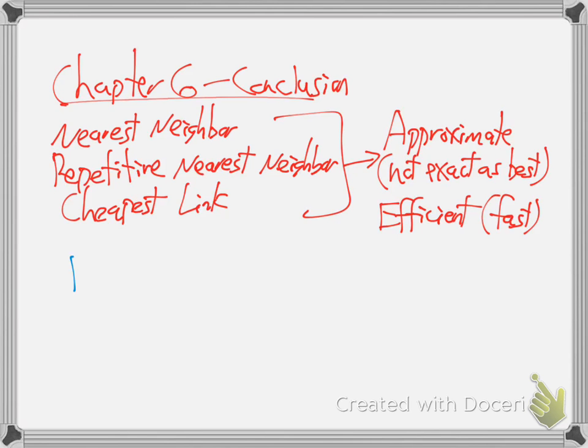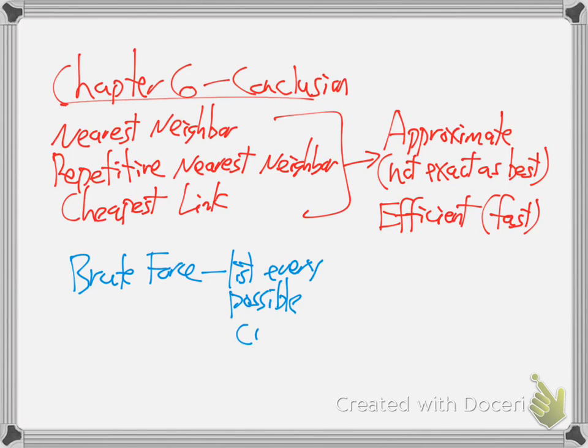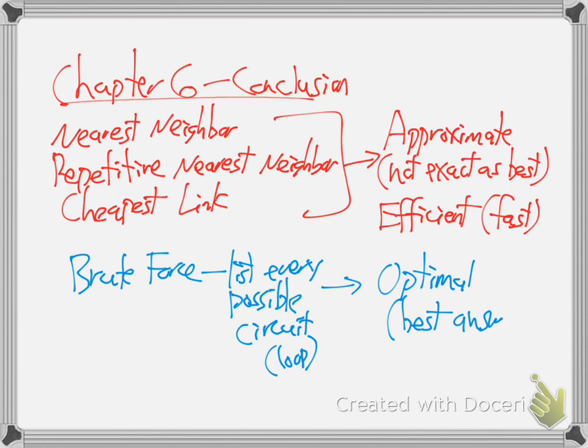The only other method is called brute force. I don't think I even used that word. That's where you list every possible circuit or loop. Right? You just look at every one. You just have the computer do every one. That is an optimal method, meaning best answer. You will get the overall best answer if you look at every possible loop.